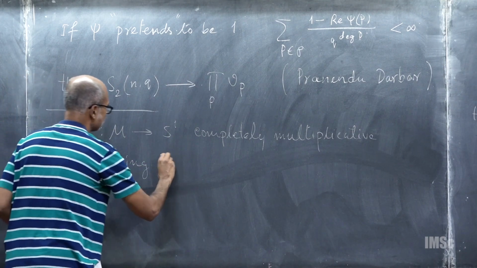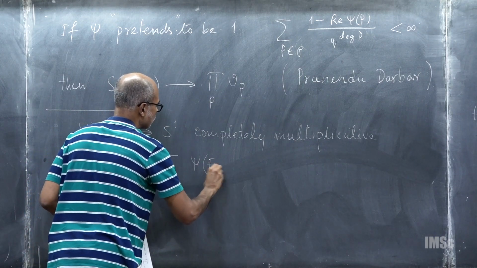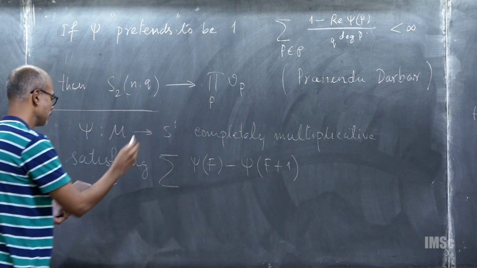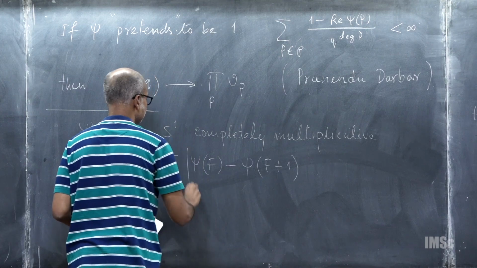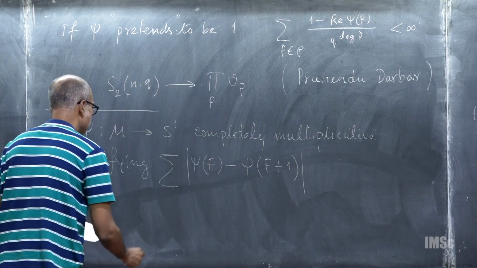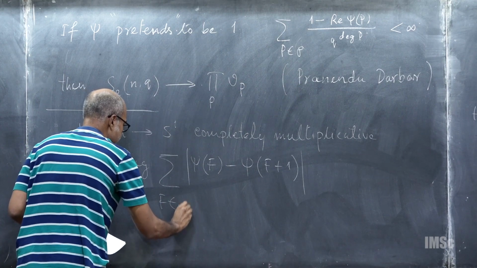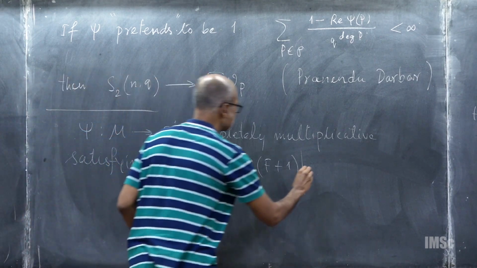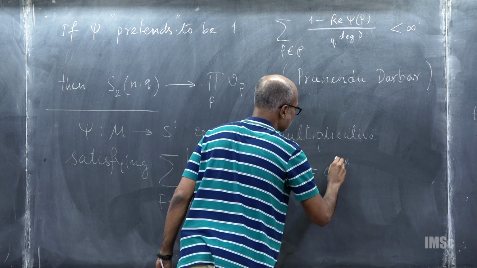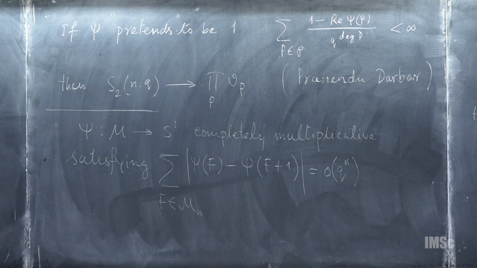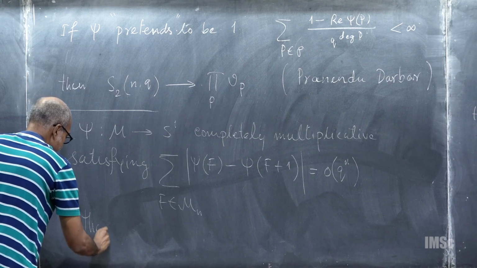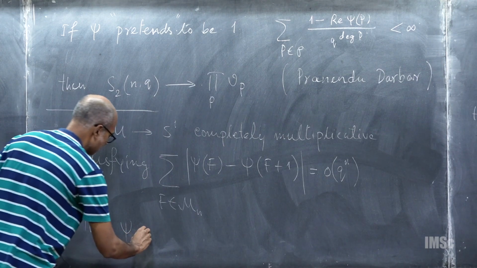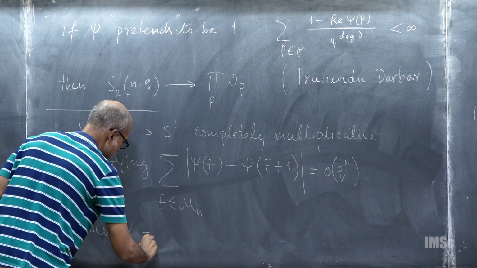If it is completely multiplicative, satisfying the following: if you look at the difference of psi of f to psi of f plus, say, 1, anything fixed, I am just writing 1, summed over the monic polynomials f of degree n, and if this is little o of q to the n, then this function is actually of this form.